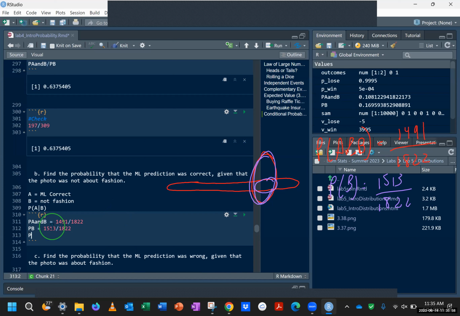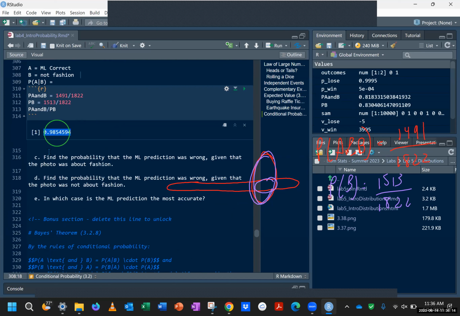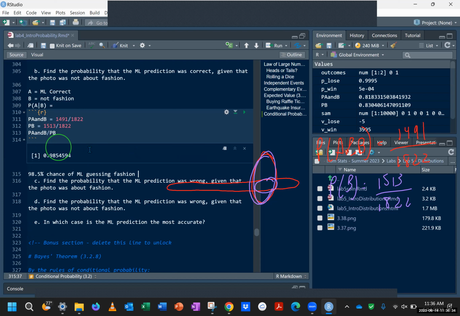And now probability of A and B divided by probability of B gives us the conditional probability. So we got 98% of being correct, guessing not fashion. We're guessing not fashion correctly.